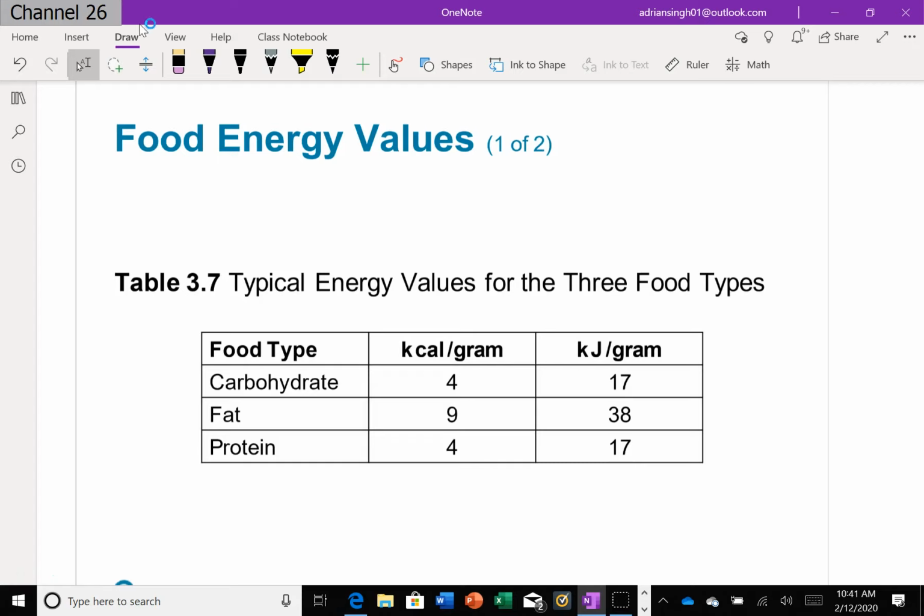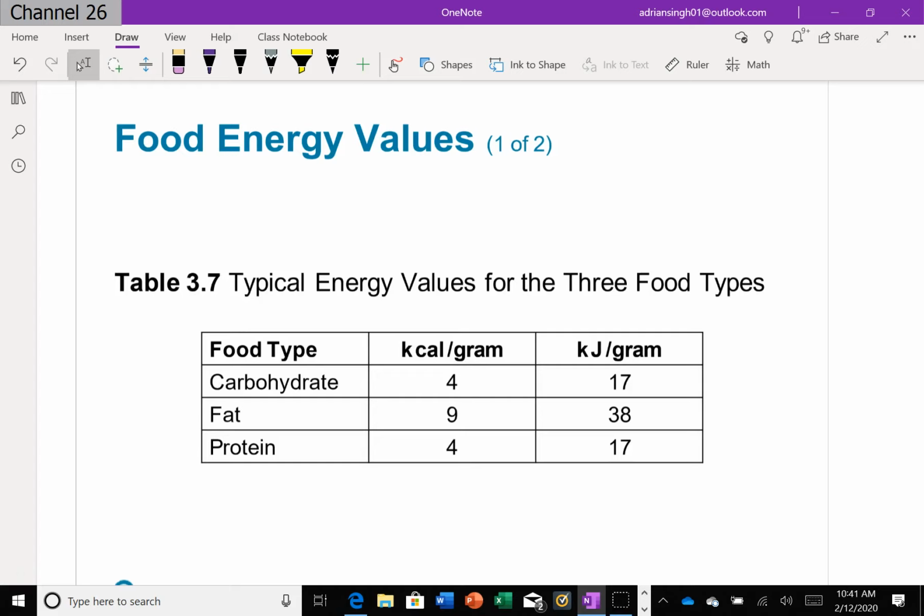That sugar could be something like glucose or table sugar, sucrose, for example, or starch. That's the typical energy content of your sugars.